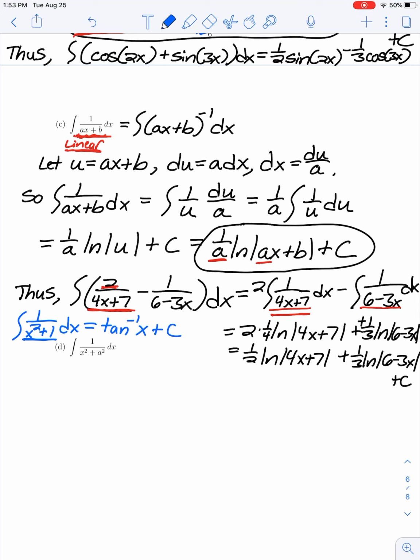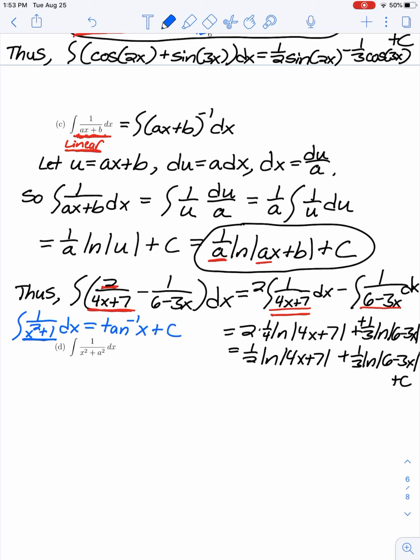So the antiderivative of that would be the arctangent function. And what we have in our problem for part D is very similar. We have 1 over x squared, but not plus 1. Here we have plus a squared for our denominator.